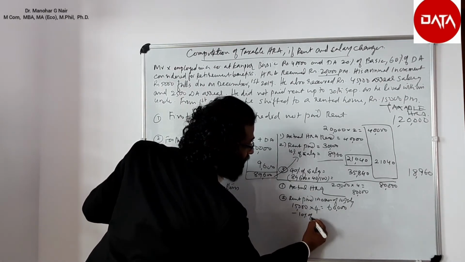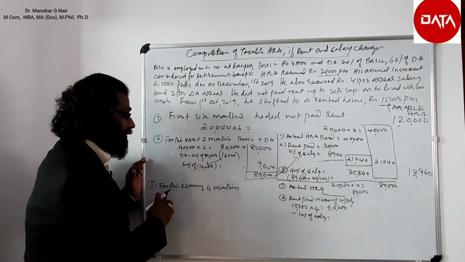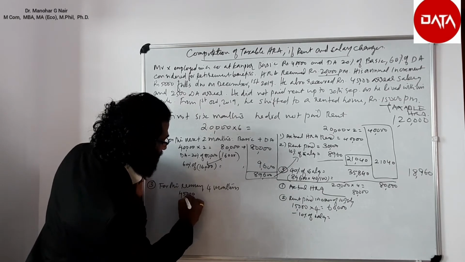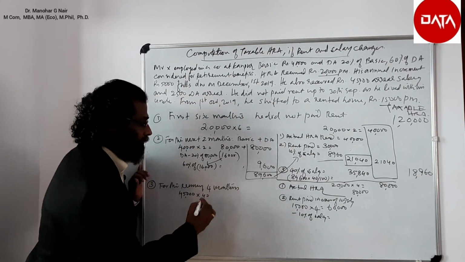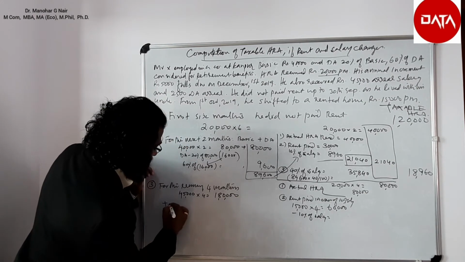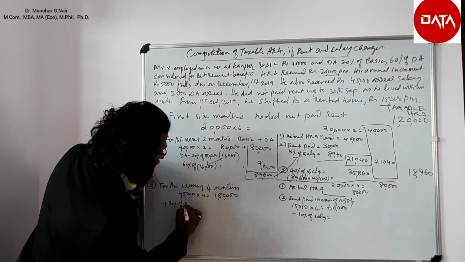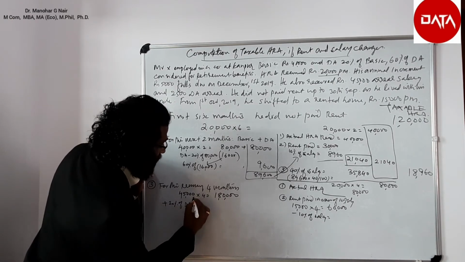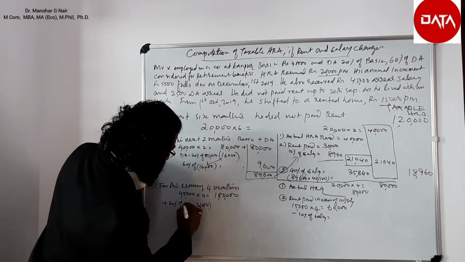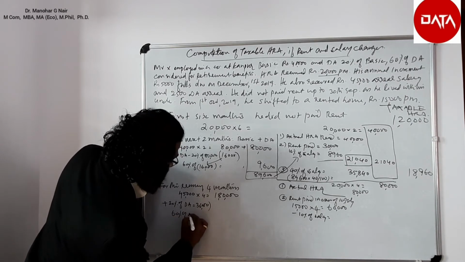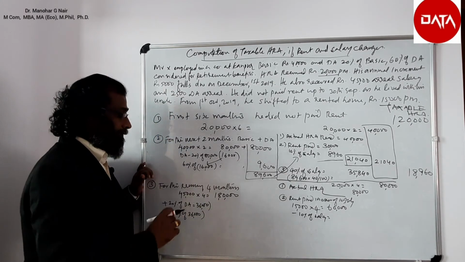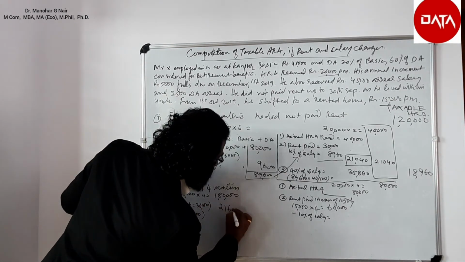Minus 10% of salary. Here the meaning of salary for the 4 months is 45,000 multiplied by 4, equal to 1,80,000, plus 20% of DA, that is equal to 36,000. 60% of 36,000 forming part of retirement benefit is 21,600.